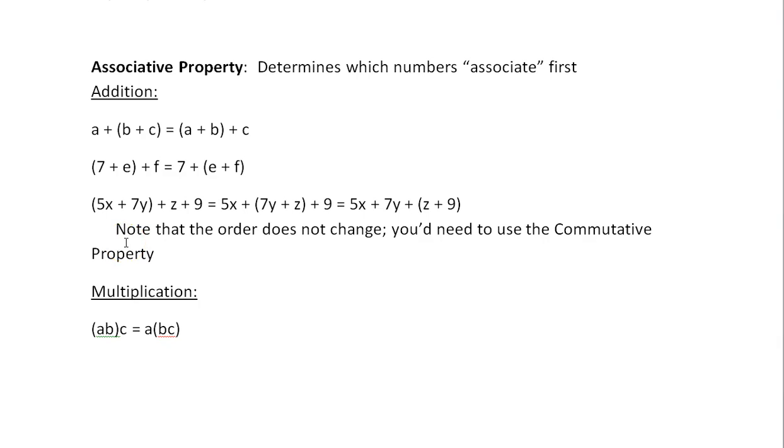I wanted to be really clear what's actually happening here. So here I'm going to have my 7y plus z. I have to address that first, and then I come back here and do my 5x and add that to this quantity, and then plus 9. And here I would have my z plus 9. I'm going to have to address that, and then I would come back here and do my 5x plus my 7y, and then that quantity. All right.